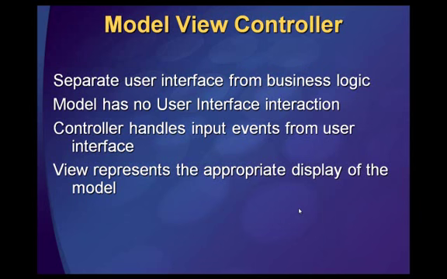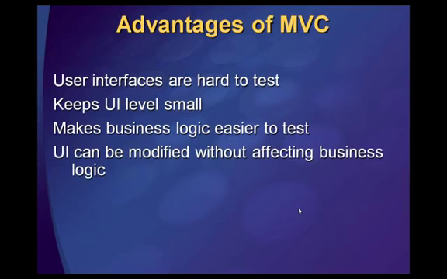Now, the model has no user interface interaction, so it represents the business logic. The controller handles input events from the user interface, and the view represents the appropriate display of the model. This also keeps the UI level very small, making the business logic easy to test and evolve without affecting the UI.